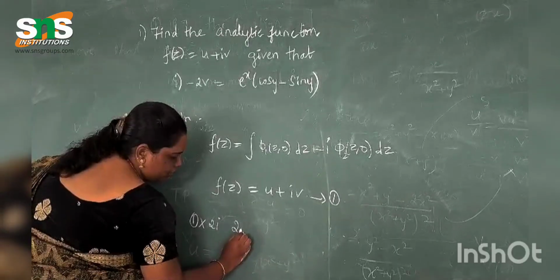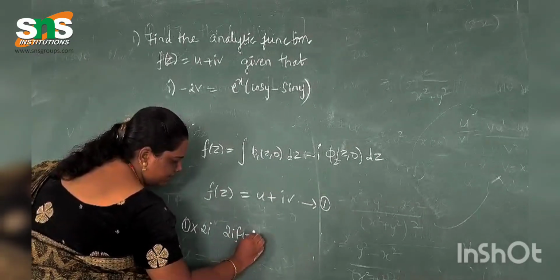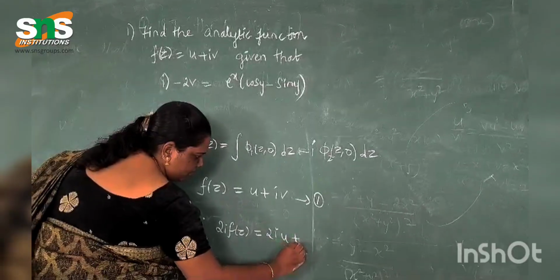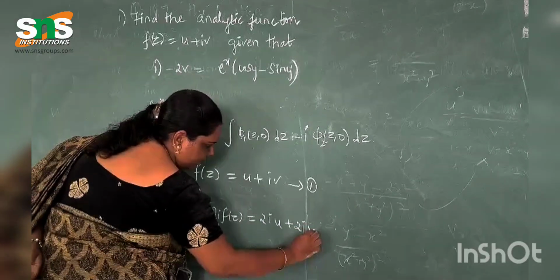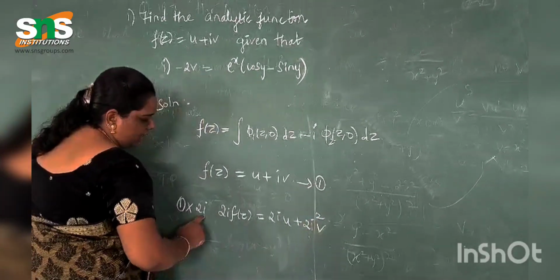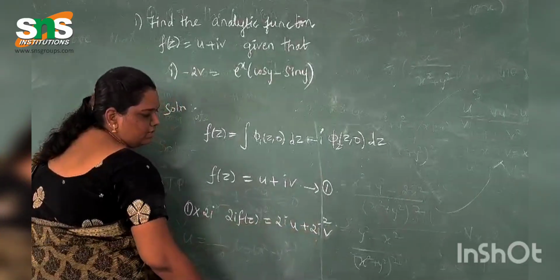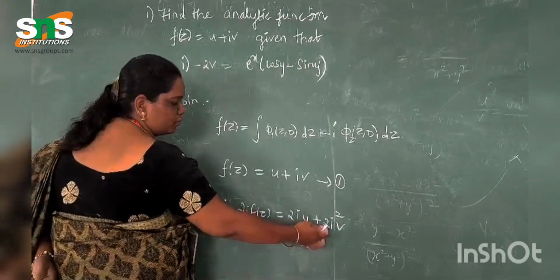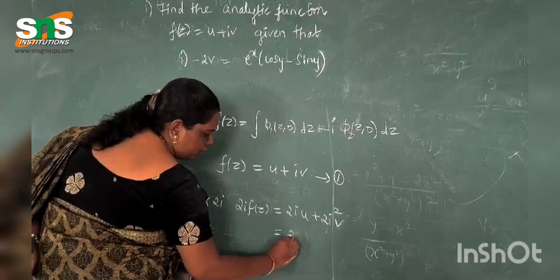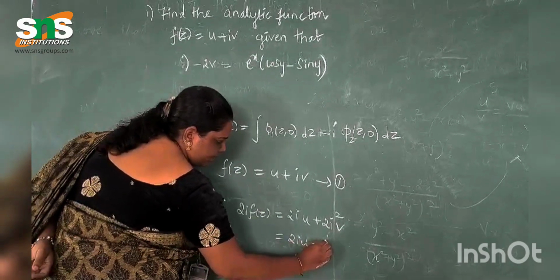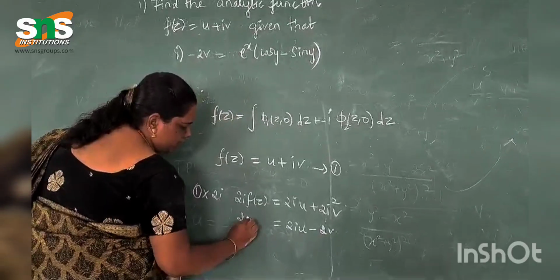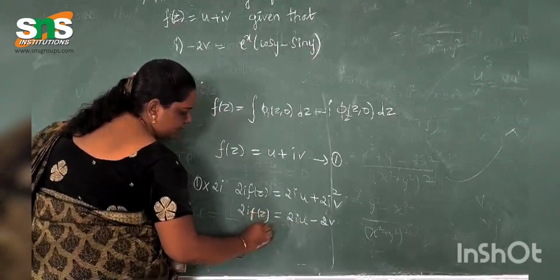We will have 2i f of z equal to 2i u plus 2 i square v. We know that the value of i squared is minus 1, so minus 1 into 2v, we get 2i into u minus 2 into v. So 2i f of z.